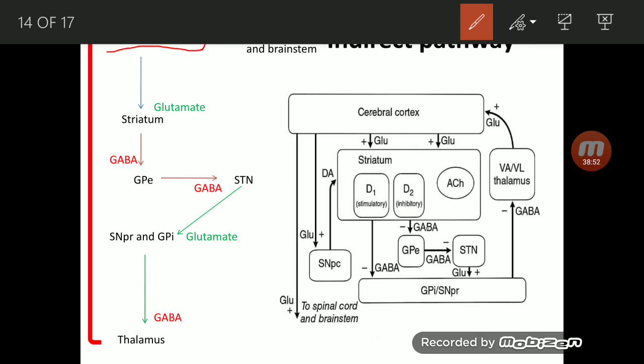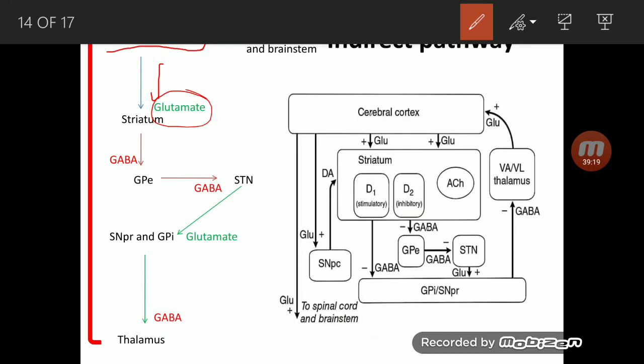On one side it is activating the direct pathway, and the other side, when your signal from your cerebral cortex goes into your striatum, it is releasing glutamate. The same striatum has neurons which give rise to both your direct pathway as well as your indirect pathway. So glutamate goes and it activates your striatum.